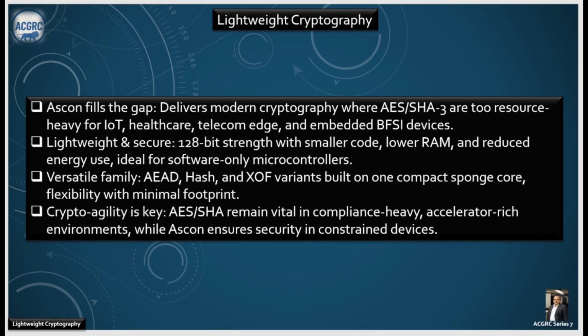It's versatile because it has AEAD, hash, and XOF variants built on a compact sponge core, offering flexibility with minimal footprint. From a crypto agility perspective, here is the key. AES and SHA remain vital in compliance-heavy, accelerator-rich environments, while Ascon ensures security in constrained devices.